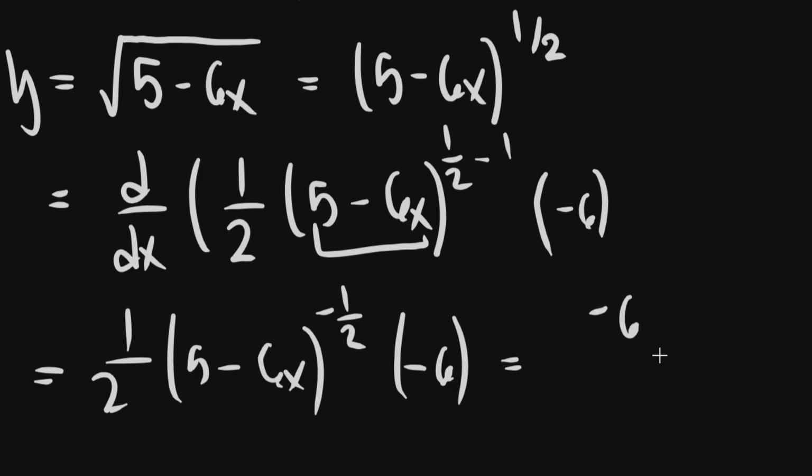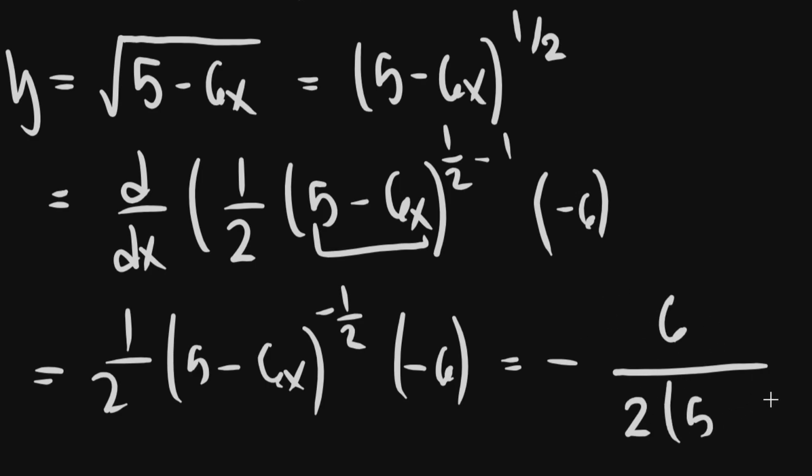Let me rewrite that. So negative 6 all over 2 times (5 minus 6x) raised to 1/2, or square root.